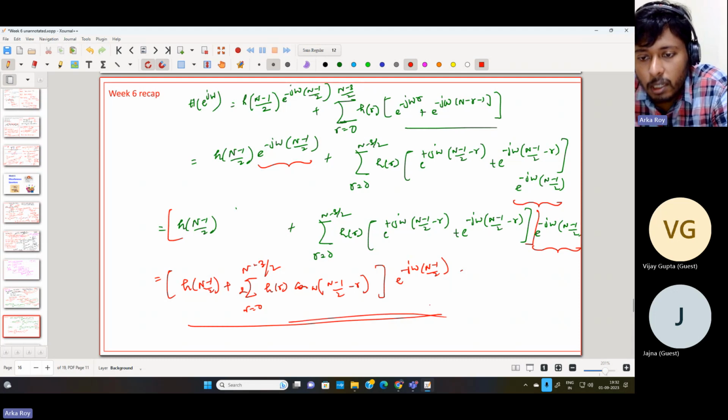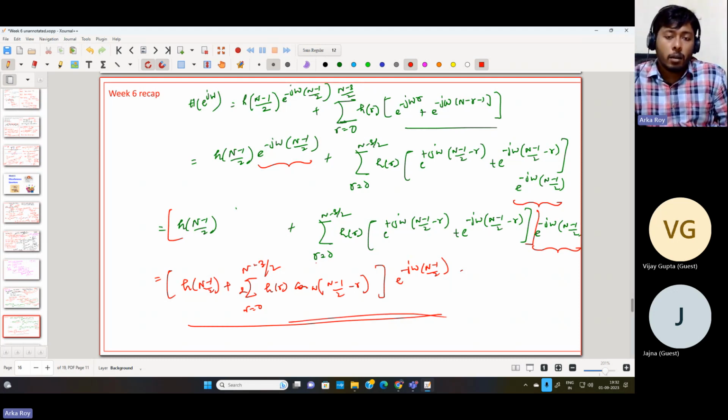So this is what the final DTFT of the impulse response of the FIR filter looks like when the number of coefficients that we need to store is odd.